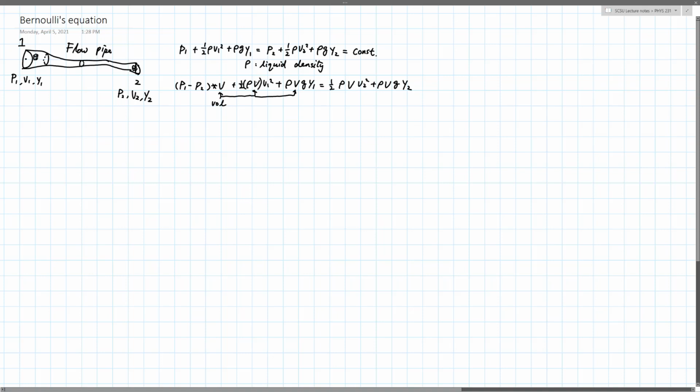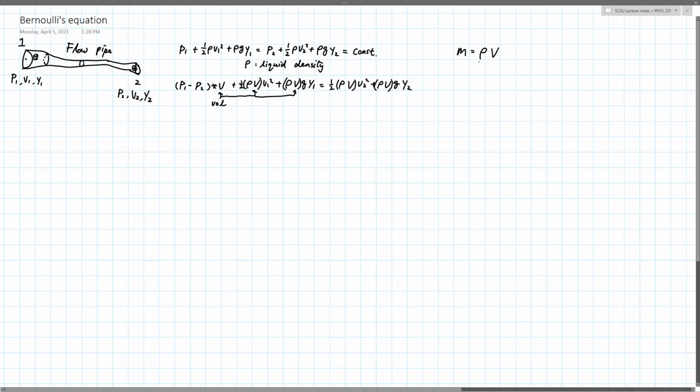Well, rho is density, mass per volume, and the volume is volume. So mass per volume times volume, right? So I can say mass is equal to density times volume, because density has mass per volume units, and multiplied by volume, it is mass.